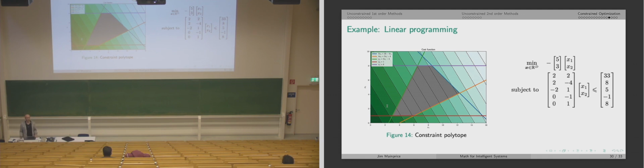You explicitly define the constraint set, and then you walk around it and find the minimum. Why? Because the minimum is always going to be at one of these vertices, or in degenerate cases, the whole line.